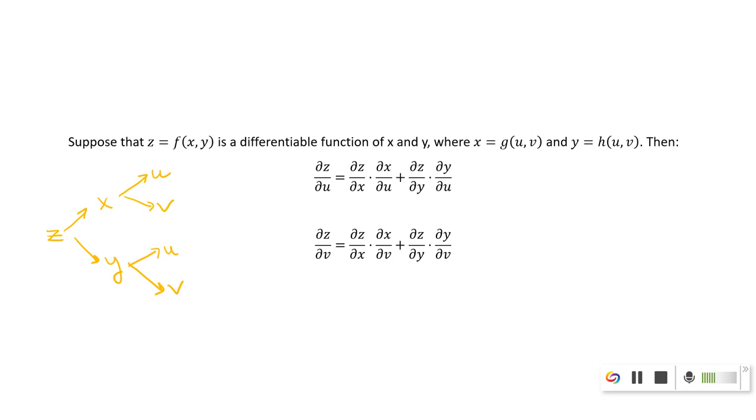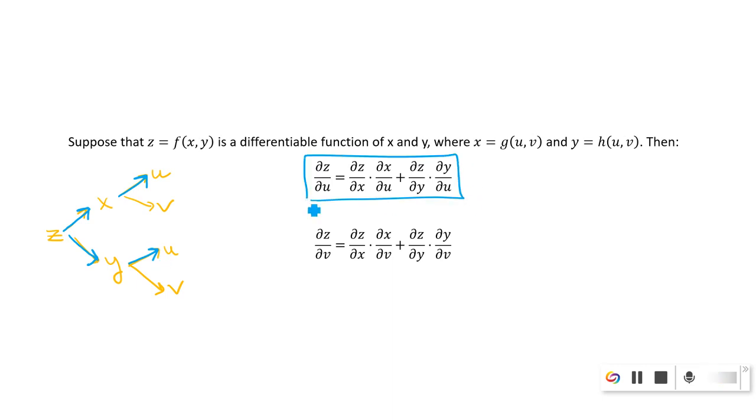And so I have written on the screen how we would do that using the chain rule. So you can kind of draw a tree like this to help you see where these formulas come from. But if we want to find the derivative with respect to u, we're going to have to do dz/dx times dx/du. And then we'll have to do dz/dy times dy/du.